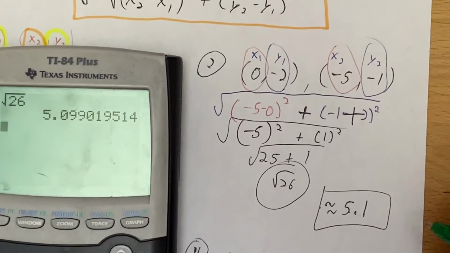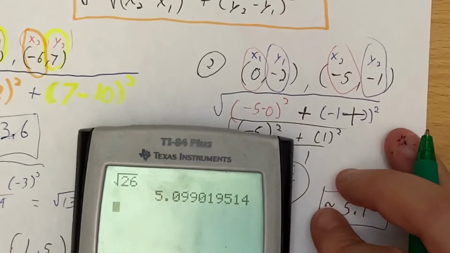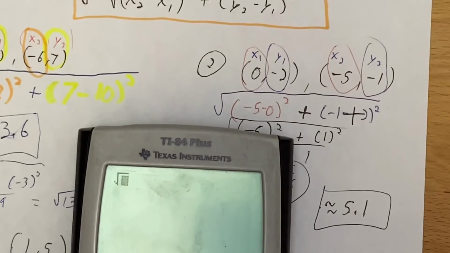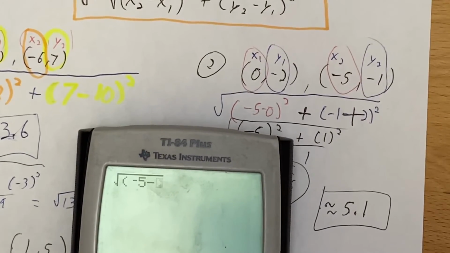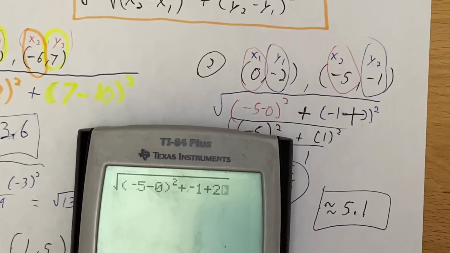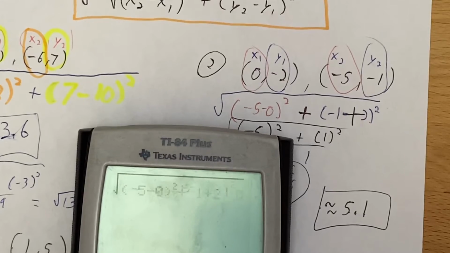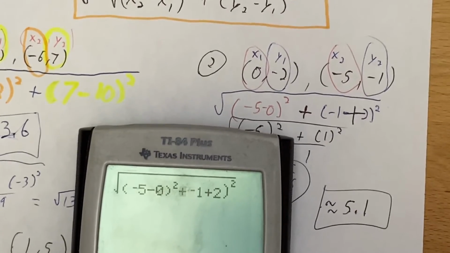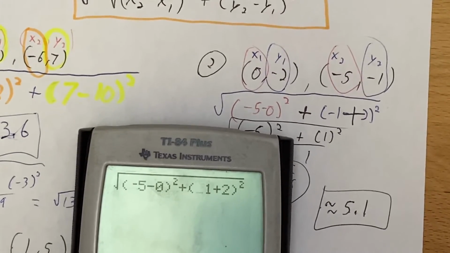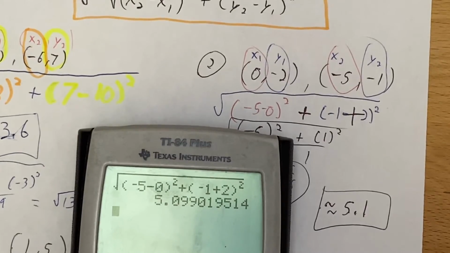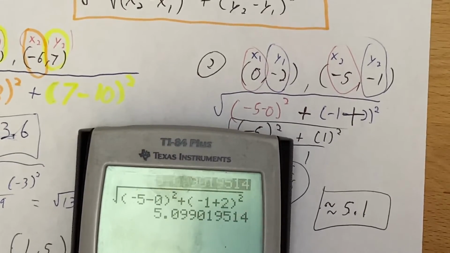There you go. That's the answer. If you did it the other way, like I said, it'll just be the exact same thing. -5 minus 0 squared plus -1 plus 2 squared. And there you go. Exact same number, right? Yep, exact same number.